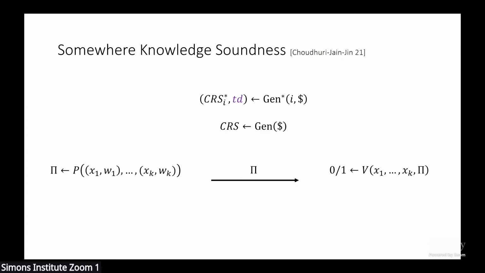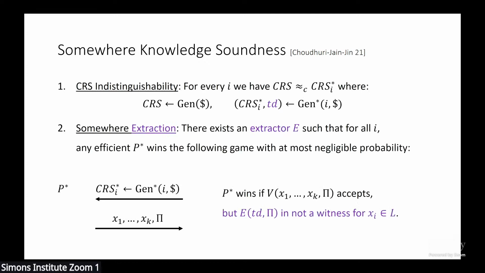Now the definition looks exactly like it did in the case of soundness. Let me just highlight the difference. The key in this CRS indistinguishability is the same. The CRS is indistinguishable from the programmed CRS. Note that this only holds if you don't know the trapdoor. If you know the trapdoor and can extract the witness, then obviously you can distinguish. But as long as you don't know the trapdoor, you have indistinguishability.